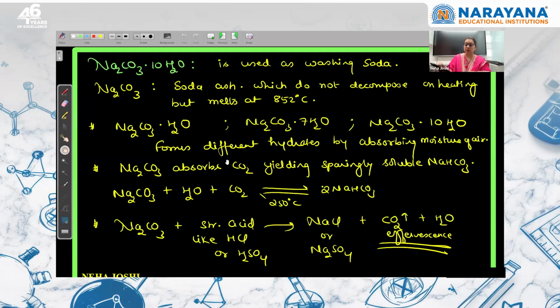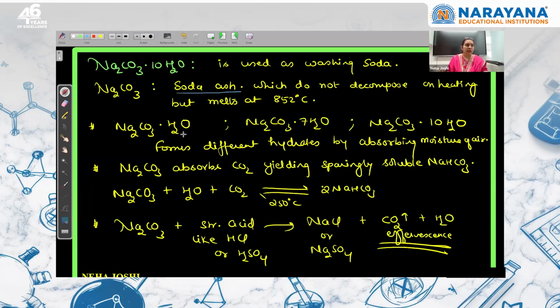I cannot just go in a rush for this. This is Na2CO3.10H2O, which is known as washing soda. If we dehydrate it completely, if we lose water on heating at about, say, 1000 degrees centigrade or so, it becomes Na2CO3, totally anhydrous, and then it is called soda ash.